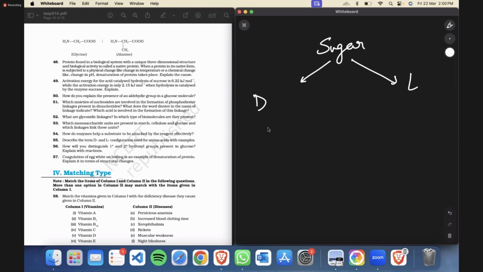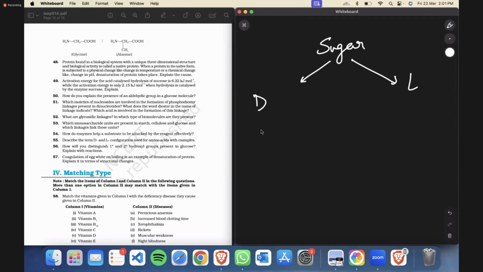Now, the glyceraldehyde may be of two forms: D plus glyceraldehyde and L minus glyceraldehyde. The D configuration has the OH attached to the carbon adjacent to the methanol group on the right, while the L configuration will have the OH on the left.